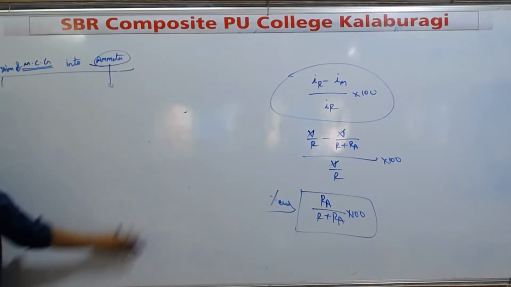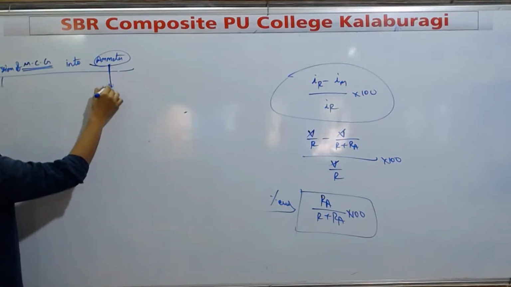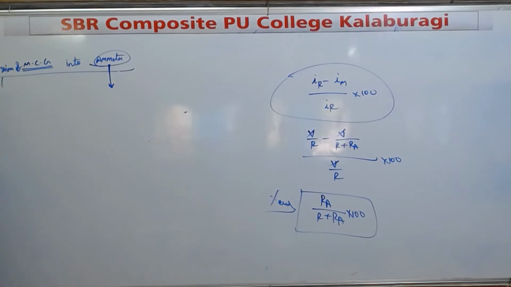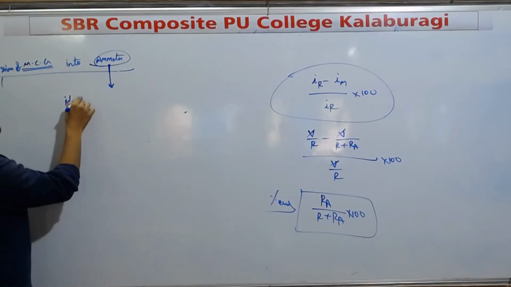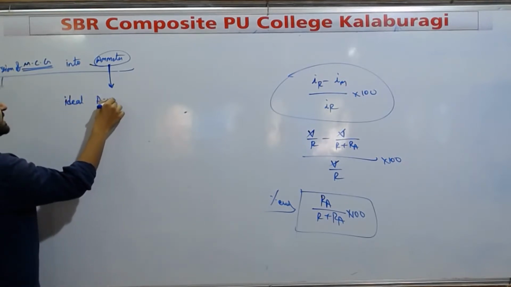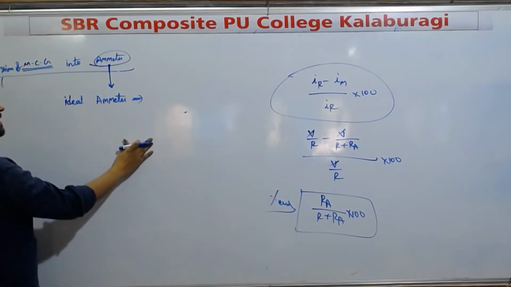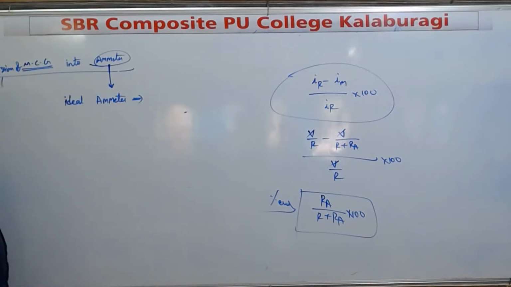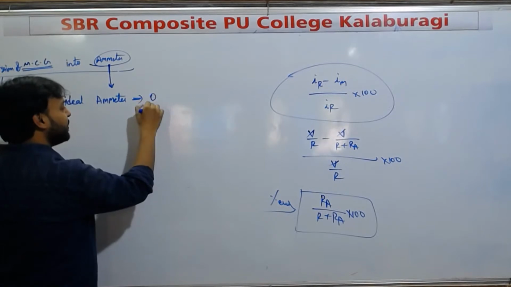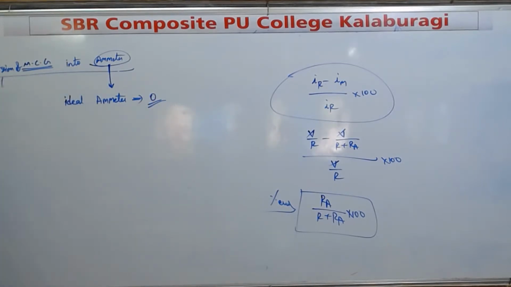You can ask, sir, in the ammeter only we will reduce the resistance, or how much can we reduce? That we call an ideal ammeter. The resistance of an ideal ammeter is 0. The resistance of an ideal voltmeter is infinity.